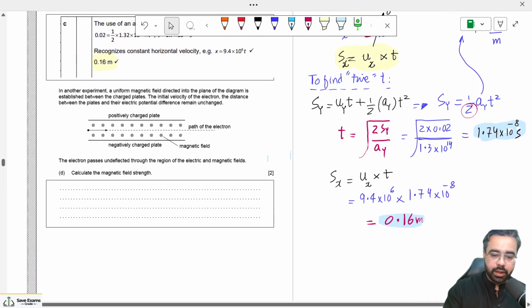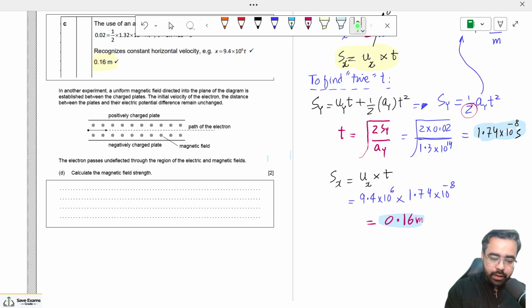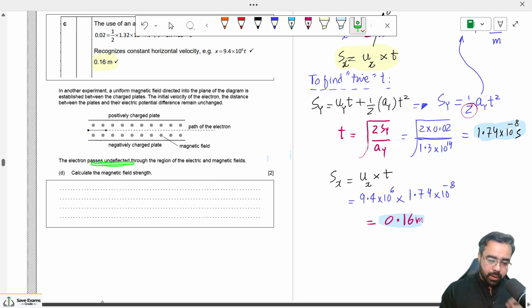Now let's come to the last part, and you see this is a setup where we have the electric field and magnetic field simultaneously. According to this question, when the electron enters this section, it will pass undeflected. Now you know that this electron will experience an electric force as well as a magnetic force. There is only one case in which it can go undeflected, and that is if it moves with a constant velocity.